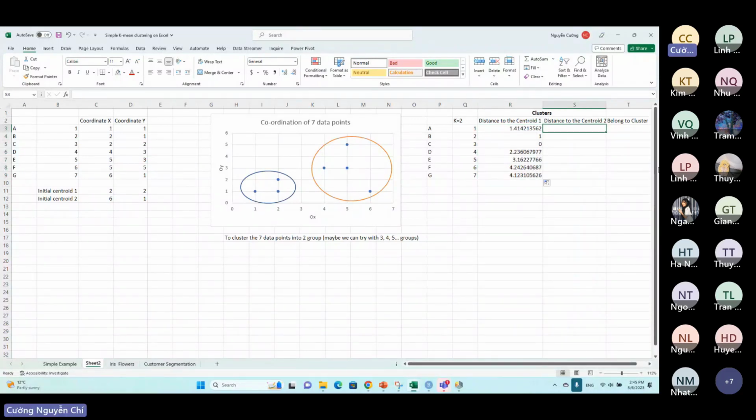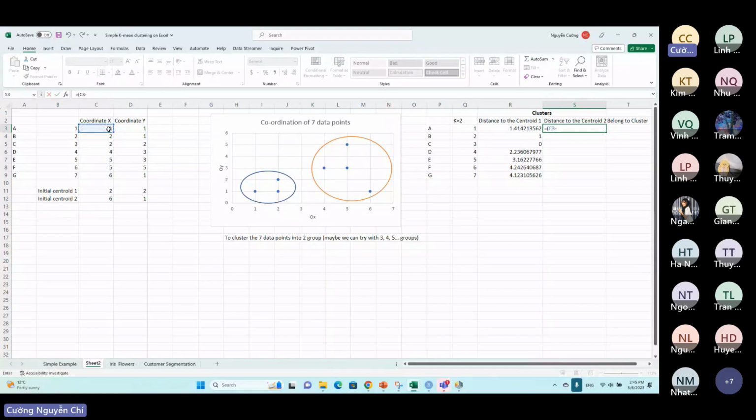Second, I can also measure the difference between these data points and centroid number 2. That should be (6, 1), which is this data point. So this is the initial centroid, and let's do it.